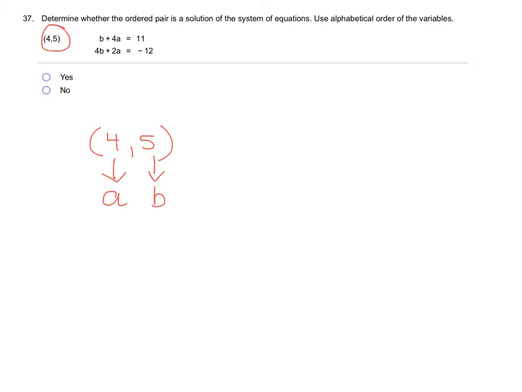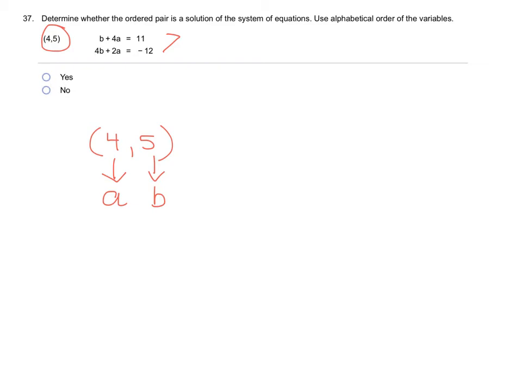To determine whether or not the ordered pair is a solution to this system, I have to plug in the 4 and 5 into both equations. If this ordered pair is true for both equations, then it is a solution to the system.